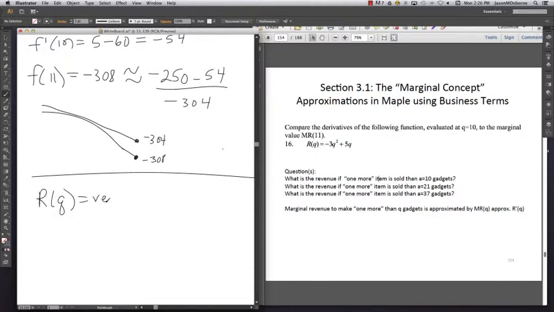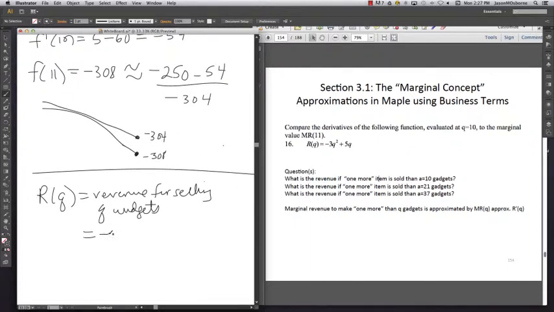So this is the revenue, the amount of money that you bring in for selling Q widgets, whatever they may be. This is the particular function, minus 3q squared plus 5q.